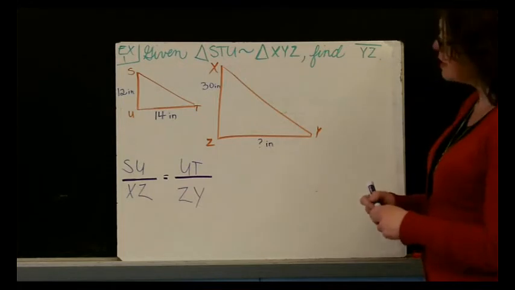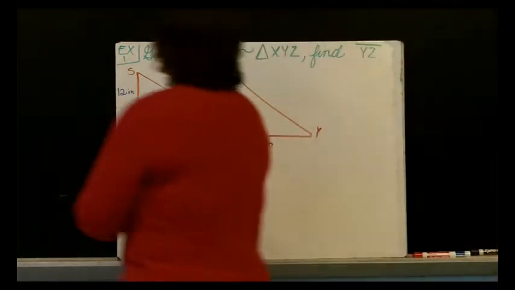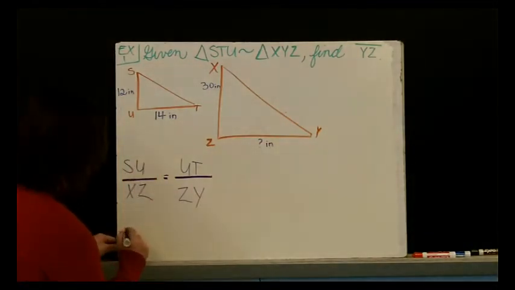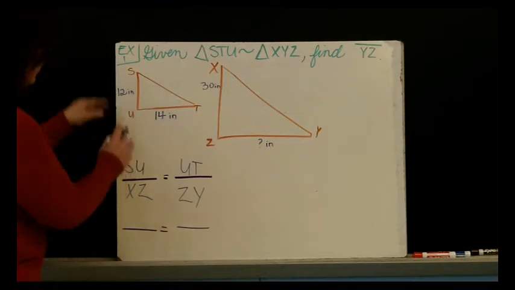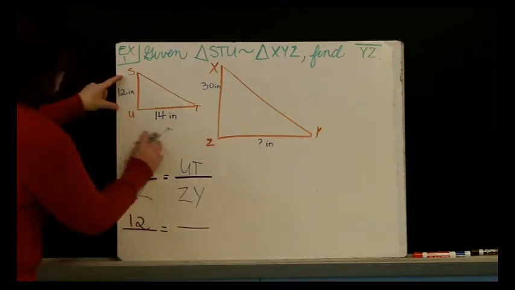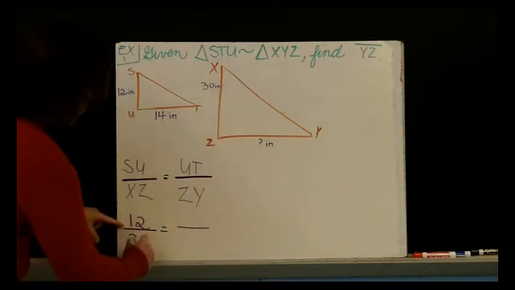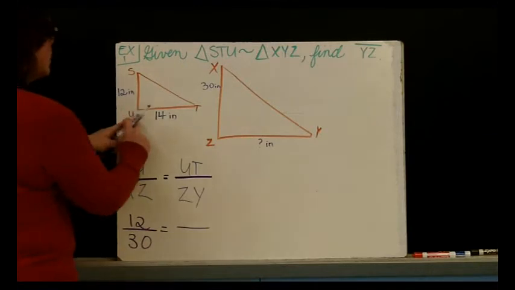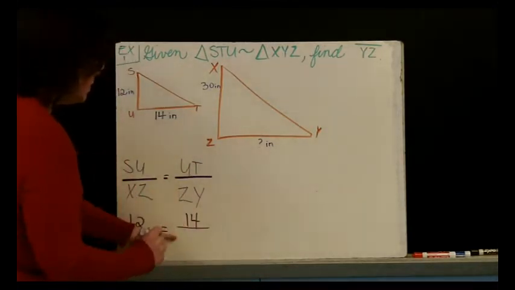Our third step tells us to rewrite the proportion, but this time we are going to fill in the values. Side SU has a length of 12 inches. Side XZ has a length of 30 inches. Side UT, which is next, has a length of 14 inches.